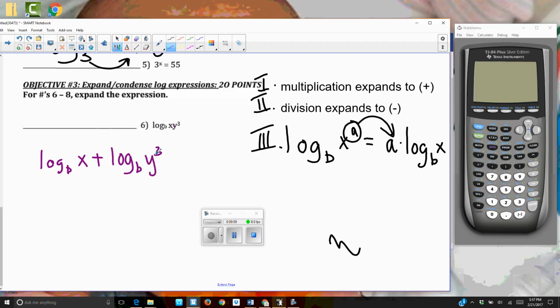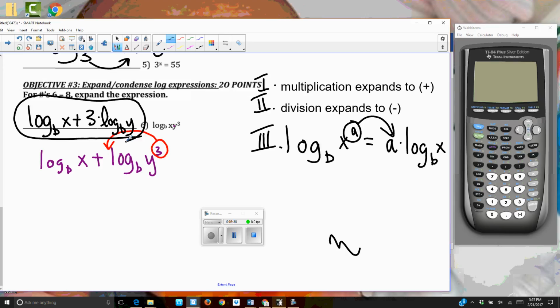But it's not quite complete, because then we can do the third log property and move this exponent to the front of its own personal logarithm. So our answer to this first problem is log base b x plus 3 times log base b y. So right now we're just expanding that one logarithm.